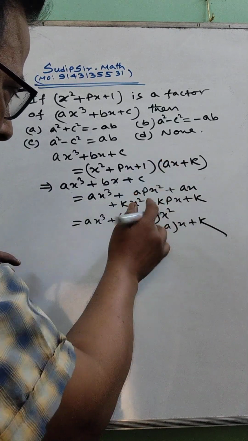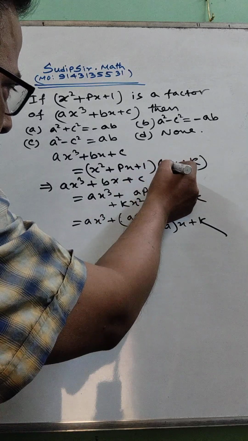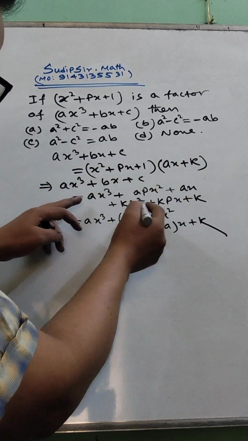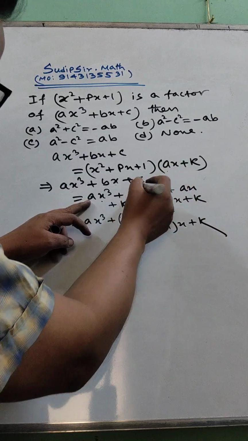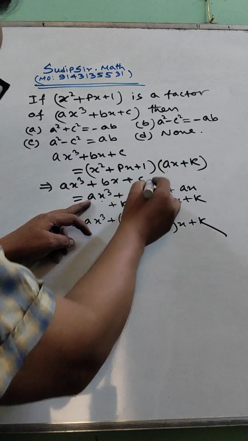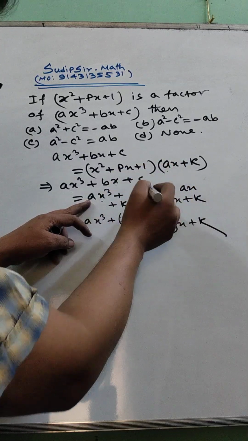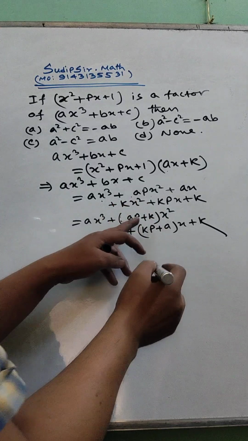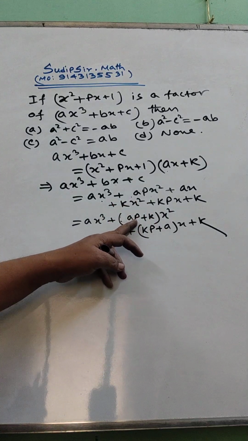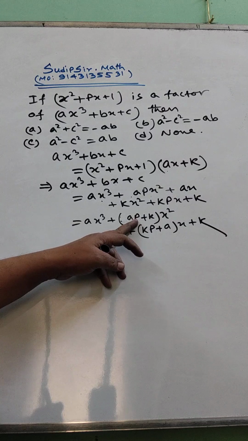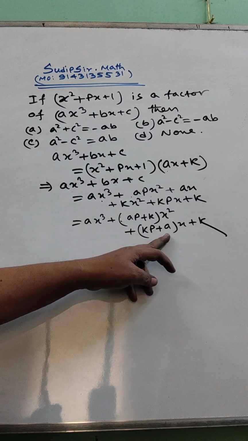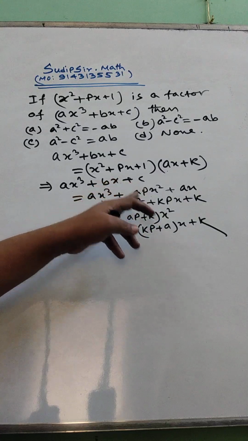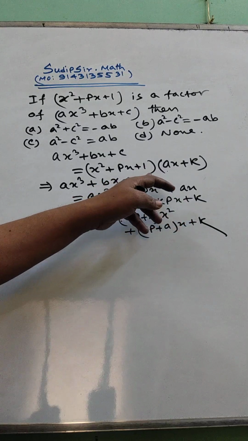Multiplying this with ax cube, that is apx square, not 2apx square. Now this part will be 0: ap plus k times x square, and this is kp plus a, this will be b, and k will be c.